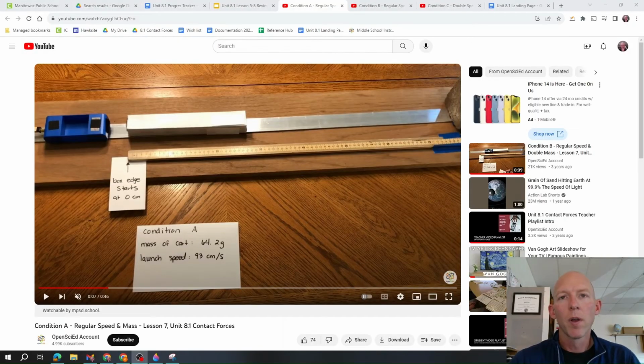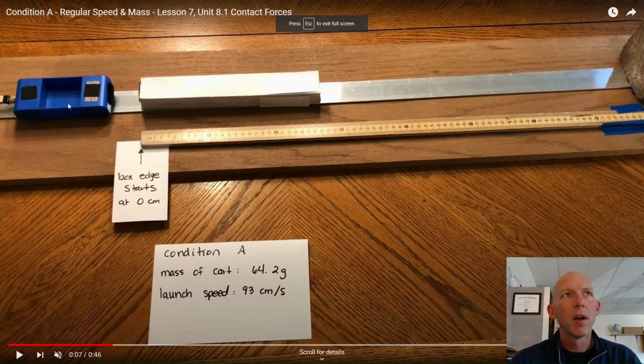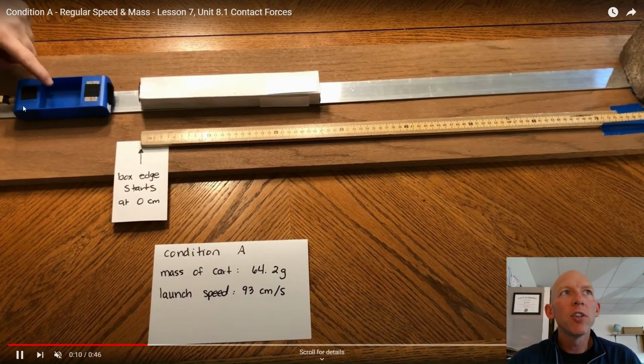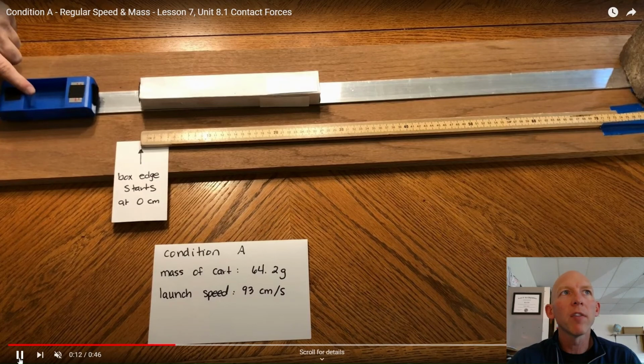The last thing we did was revisit our launcher system to try to figure out where the kinetic energy from the box came from. And we decided that energy just got transferred from one object to another.